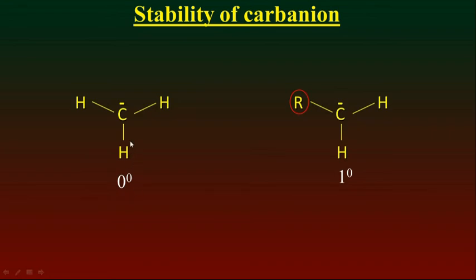So 0 degree or parent carbanion is more stable than 1 degree carbanion, because 1 degree carbanion contains more electrons than in the octet filled condition. So we can say that 0 degree carbanion is more stable than 1 degree carbanion.